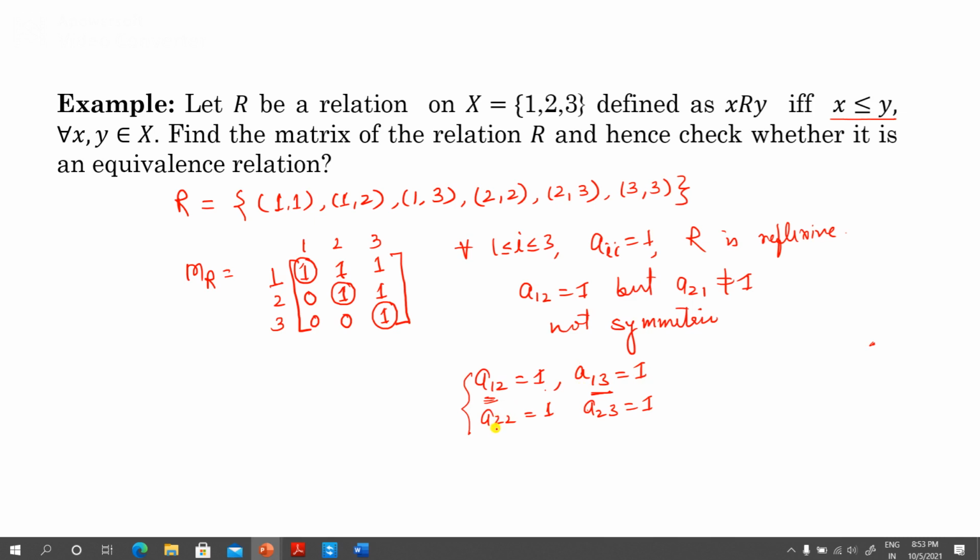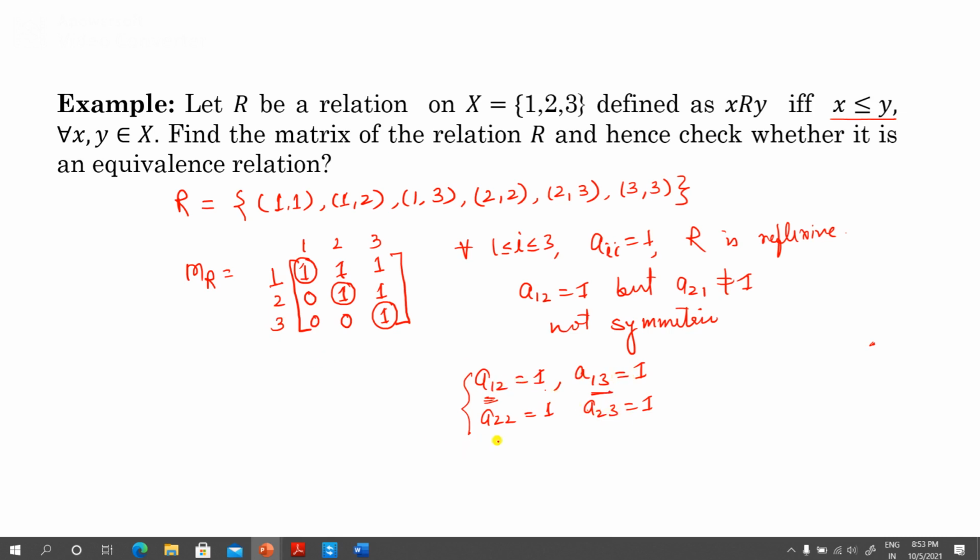The first index is 1 and the second is 3, so nothing to do with this. Similarly, this is again a row 2 element, nothing to do with this. So we have only one pair a12 and a23 which we can combine. If you combine these two, a13 is there.